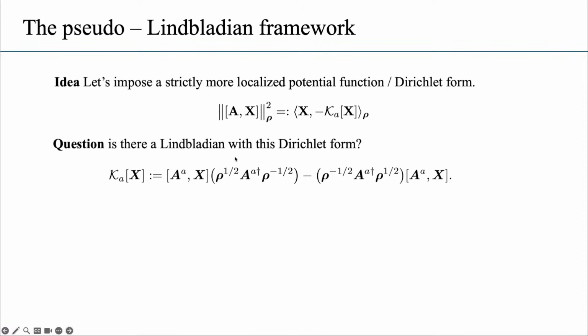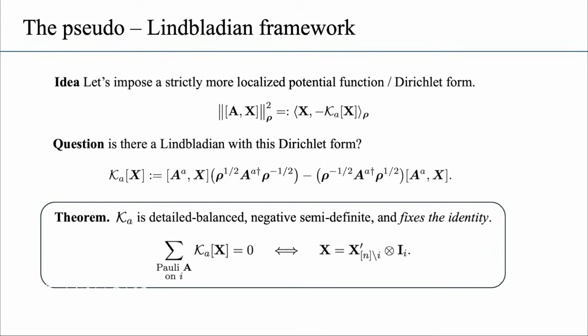Now, this is quite cute, and it admits a series of very nice properties, very much akin to the original Lindbladian dynamics, CKG. In particular, it's detailed balanced, which I haven't explained too much about, but for all intents and purposes just means that it fixes the identity, or the adjoint fixes the Gibbs state. It's negative semi-definite, and you can immediately see this from this formula.